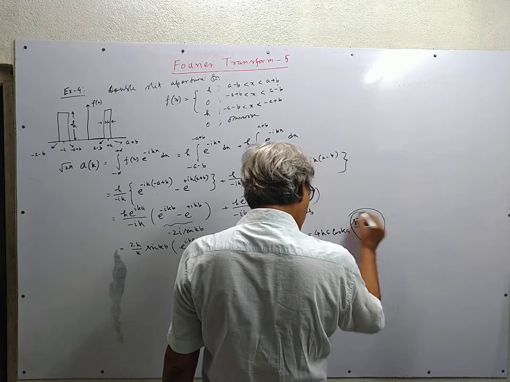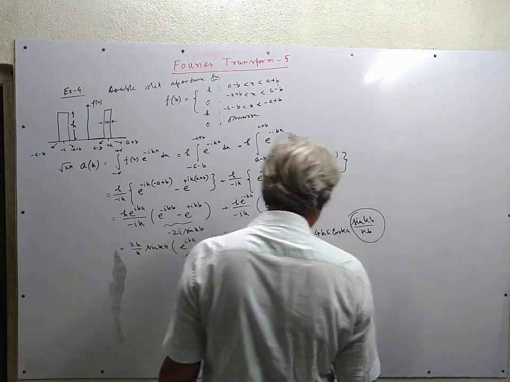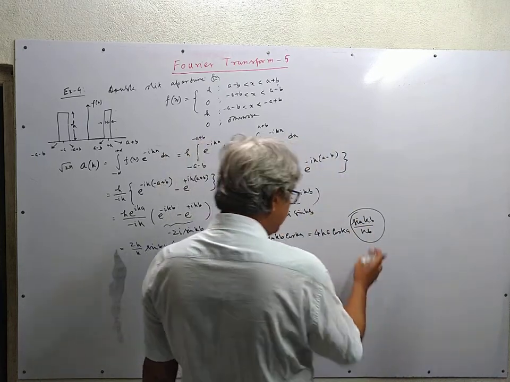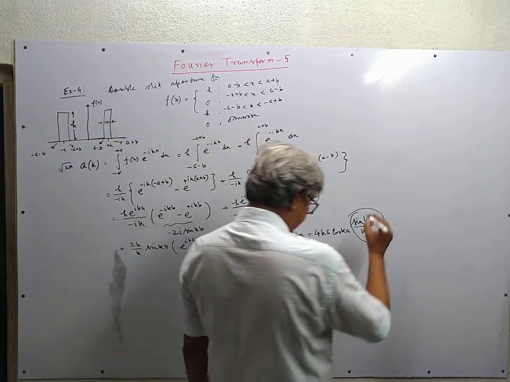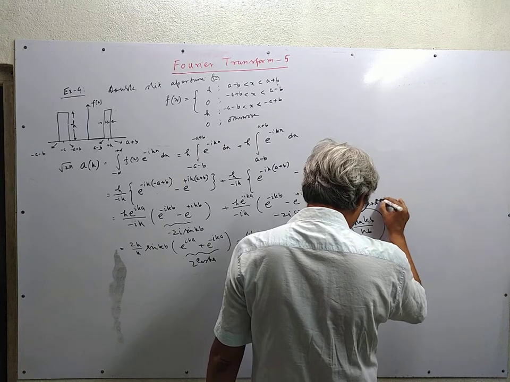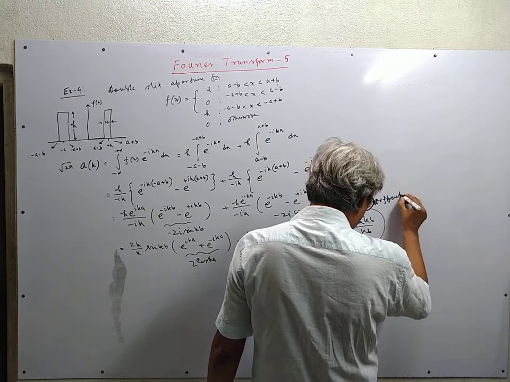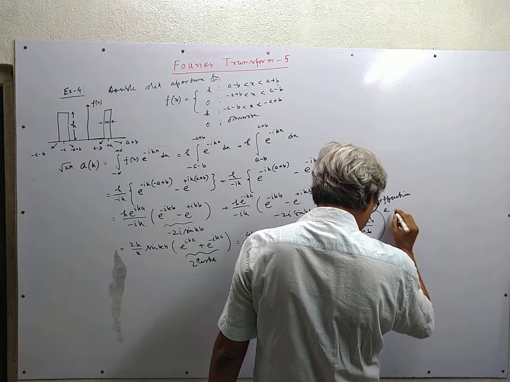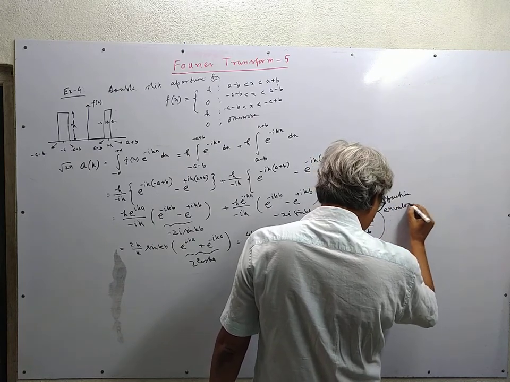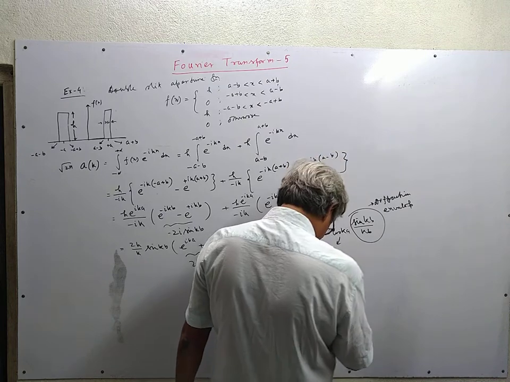This is known as the diffraction term, which is the same as the single slit pattern. This is the diffraction envelope. And this is the interference term.